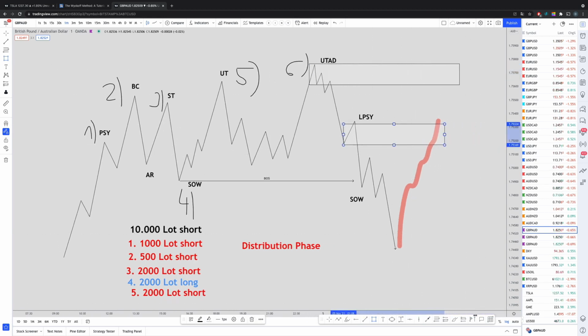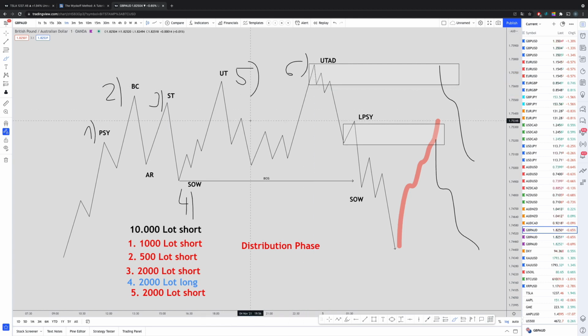We will use one of these supply zones to drop lower afterwards, because here you also have some positions that they still hold. Of course they are also buying here a little bit, but the majority of the liquidity is, in theory, the sign of weakness, and in phase B they bought from here.